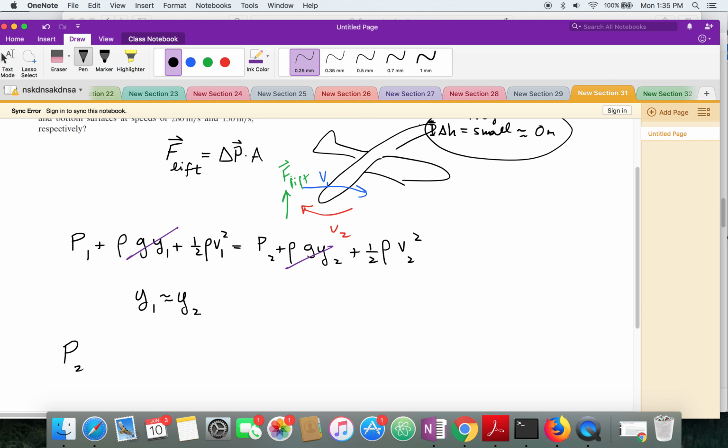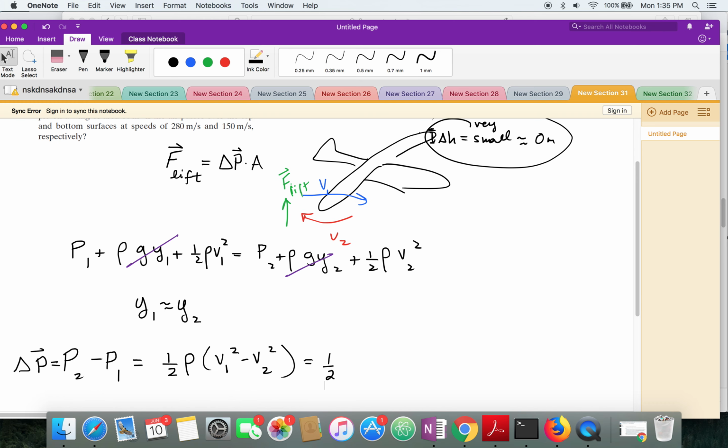I can rearrange to solve for P2 minus P1. If I do the algebra, delta P, my difference in pressure, is one half rho times V1 squared minus V2 squared. The density of air is something we should look up as well.